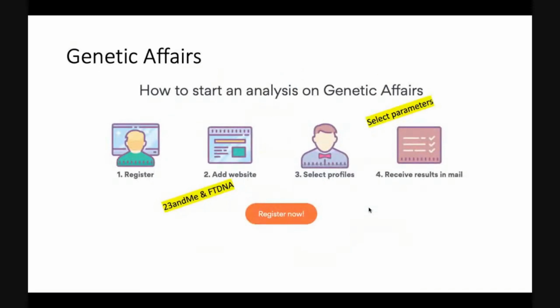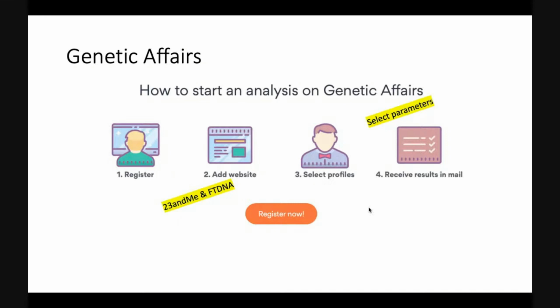So let's move on to the second tool, and that is Genetic Affairs. It's that third-party website where you're going to register, and then you're going to, it's called adding a website. And what that means is just that you can pick a DNA account from either 23andMe or Family Tree DNA.